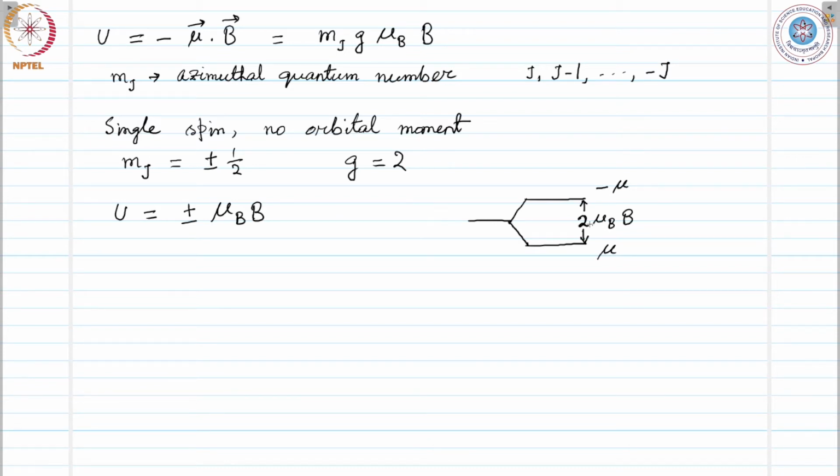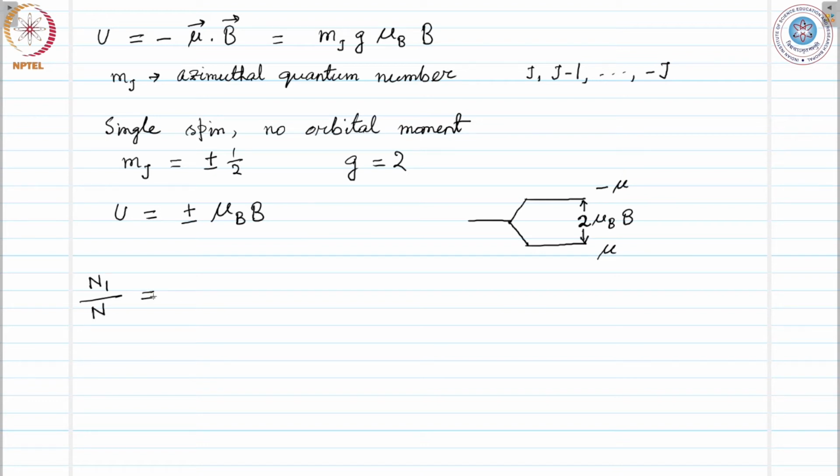If a system has only two levels, then the equilibrium population ratio N1 over N, where N1 is the population of the lower level and N2 we would consider as the population of the higher level, and N is N1 plus N2.